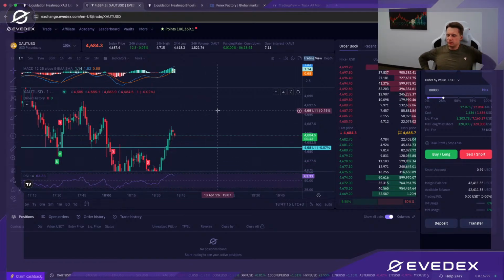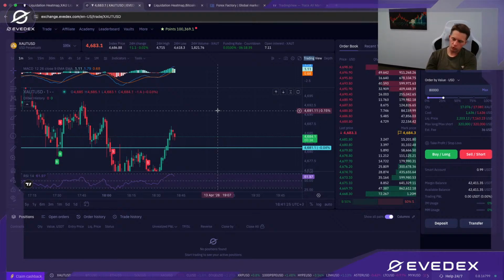Would be nice to see some confirmation of that support level, so this bearish candle would touch that level perfectly and then come back up without going through.